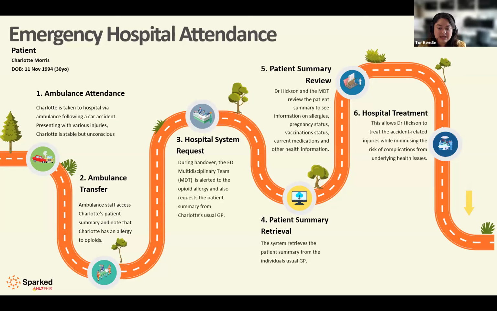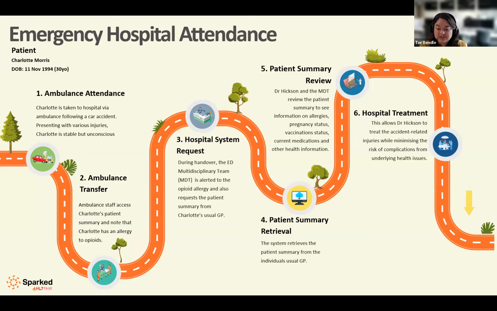During the handover in ED, the ED multidisciplinary team are advised of the opioid allergy and are able to request the patient summary from Charlotte's usual GP. The system retrieves the patient summary, and then Dr. Hickson and the ED multidisciplinary team review the patient summary to see information on allergies, pregnancy status, vaccination status, other healthcare information.